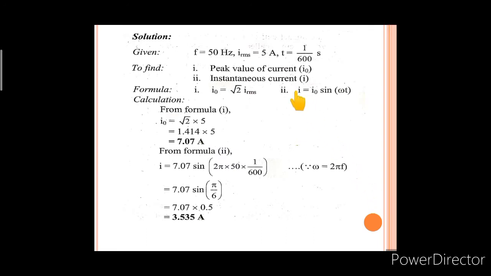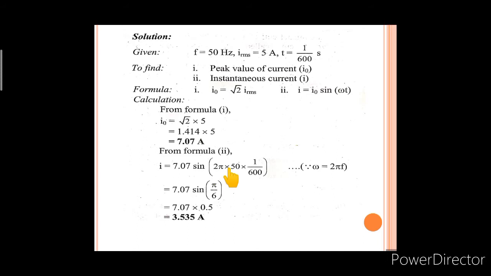Then next we have to determine the instantaneous current I. By using the second formula, I is equal to I0 sin omega t. Over here we have to substitute the values, as I0 we have calculated as 7.07 ampere. So, substitute the value of I0 in this formula, 7.07 into sin omega t. Here the value of omega t we write as 2 pi f into t.